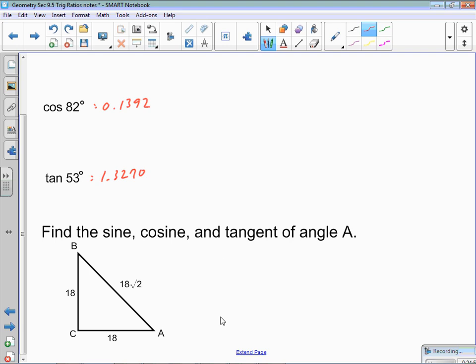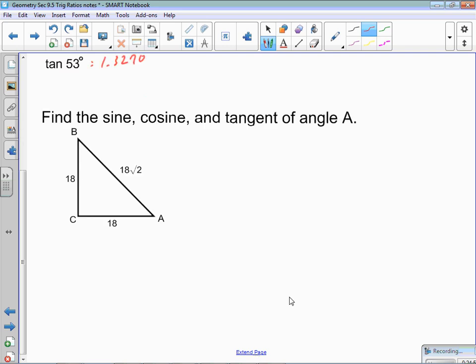All right, so then one last triangle here. I'm going to find the sine, cosine, and tangent of angle A. So we got an angle at A there. Can anybody tell me what kind of triangle this is? Just looking at it.